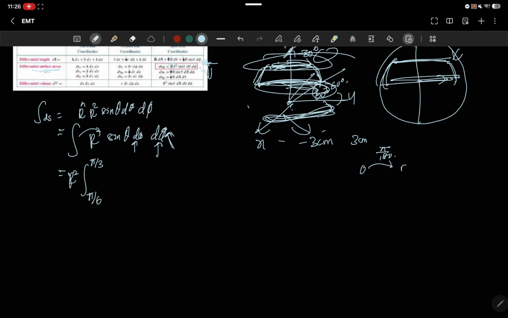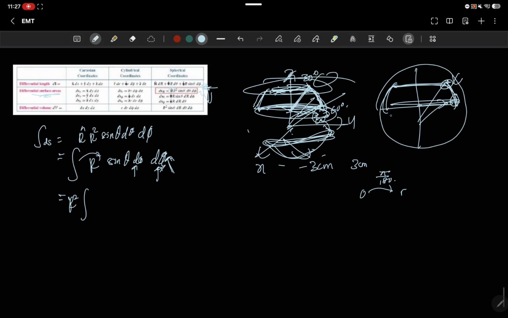Sorry, 30 was here, 60 was here. This was the 30 and 60, so it's calculated as such. For d theta, this shape is 360 degrees around the x-axis.